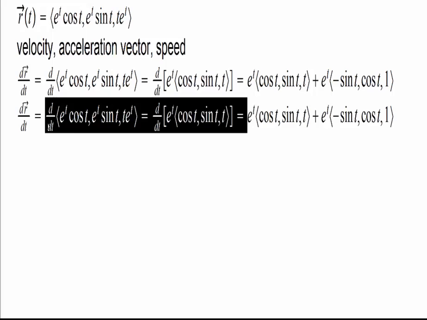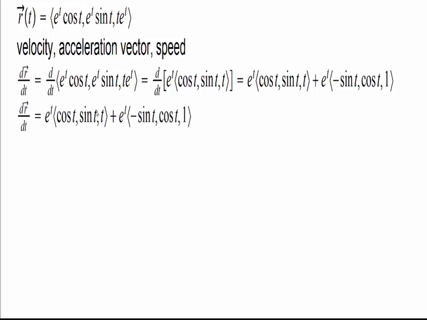Let's write them down. We add these components together, so we get cosine t minus sine t, and sine t plus cosine t, and here we get simply t plus 1. So this is what we have for the velocity.